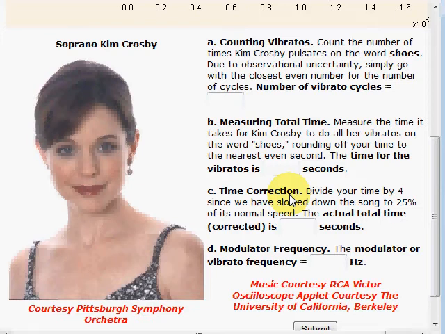There was another related question. For example, if it takes me twice as long to walk to the wall, in other words I stretch the time, I have to slow my velocity down, just like the singer is slowing down the vibration.